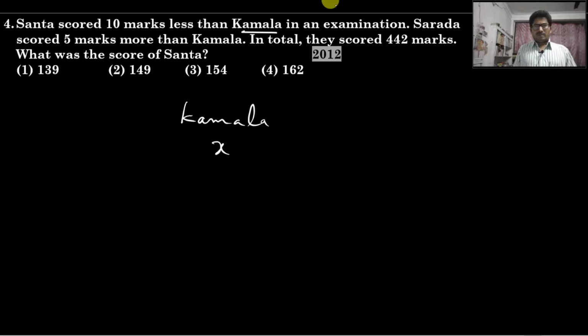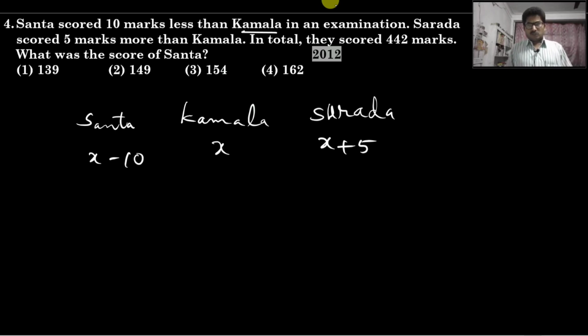Shanta scored 10 marks less than Kamala, so X minus 10. And Sharada scored 5 marks more than Kamala, so X plus 5.